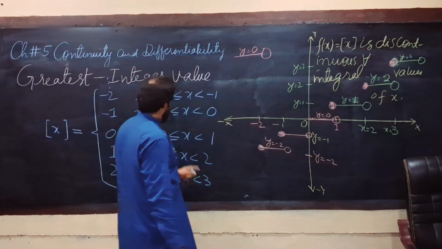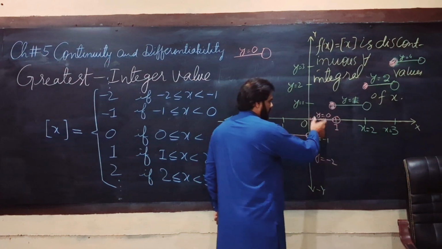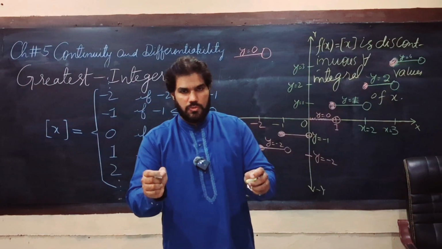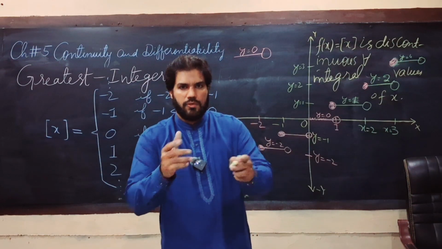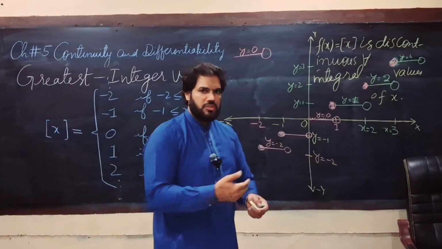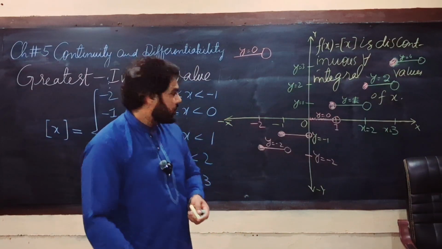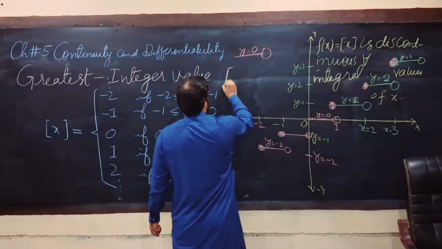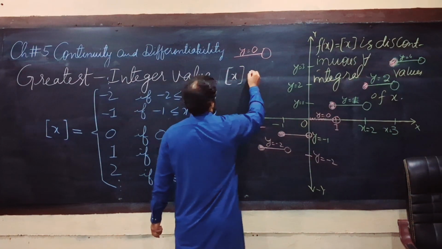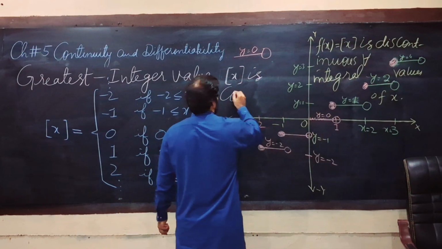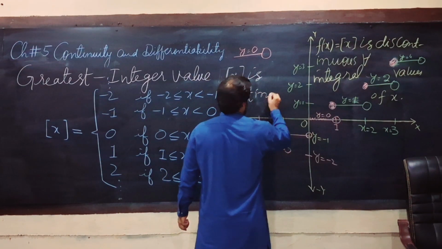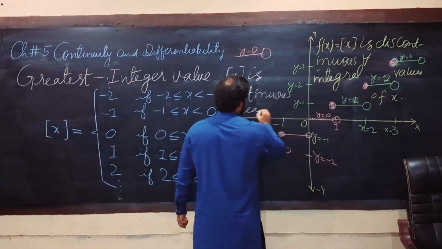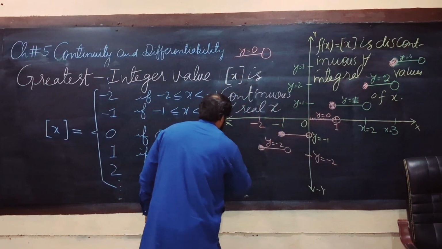In the first part, 0 to 1, this is a horizontal line, and this horizontal line is itself a continuous piece of this function. That shows this is a continuous function in this interval. So we can write: the greatest integer function is continuous for all real x which are not integers.